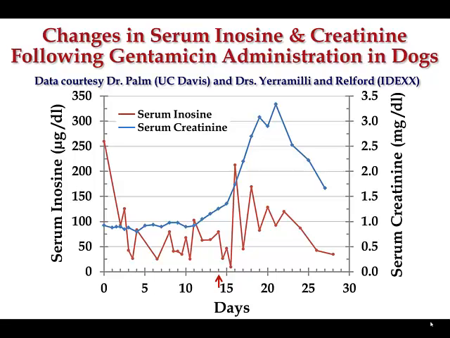So in this particular dog, serum inosine was up here in this range, and I've also plotted the simultaneous data in this animal for serum creatinine, and you can see that with the onset of the injury, serum inosine concentrations dropped dramatically in the first few days, very predictably and very identifiably, and then stayed in this low range until there was some recovery.